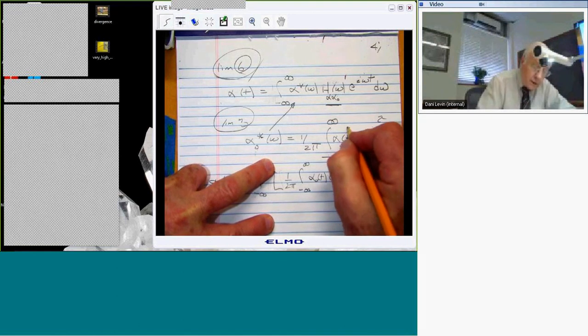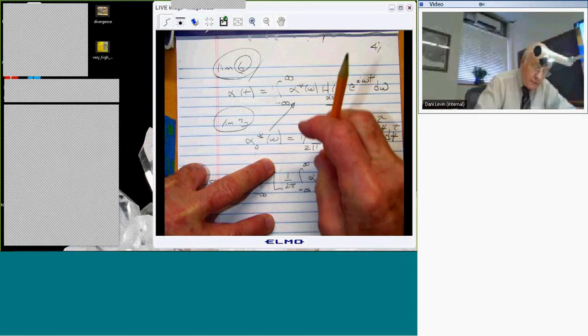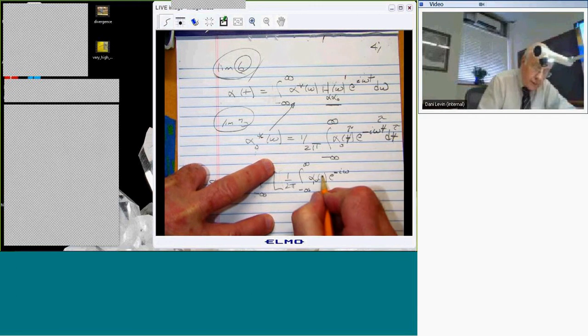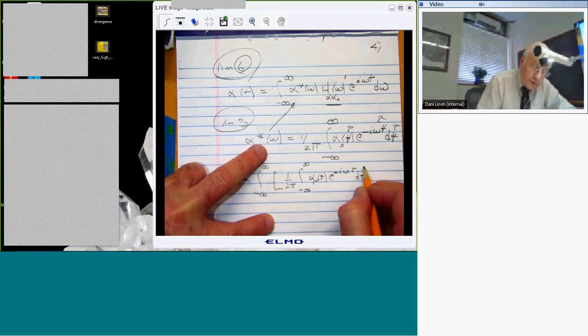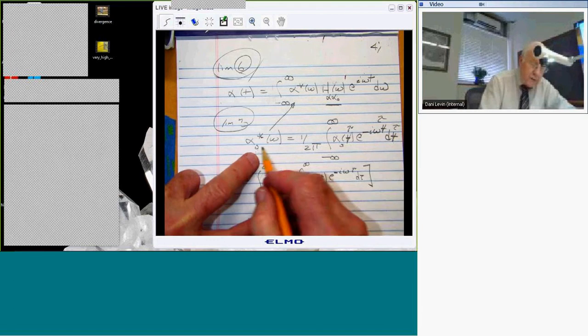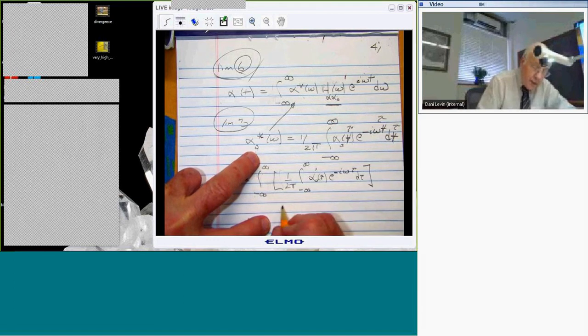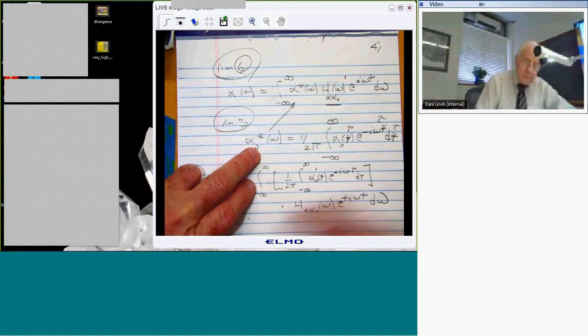Alpha naught of tau, e to the minus I omega tau, d tau. That's just alpha star, right? That appears here. Times h of alpha naught of omega, e to the plus I omega t, d omega. Right?